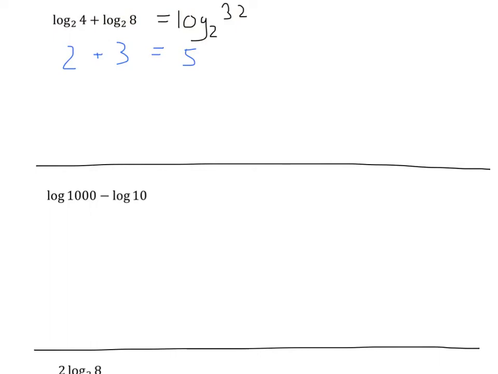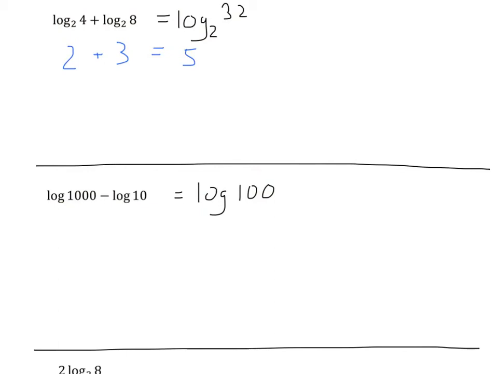Let's look at another one, a subtraction one. If I have log base 10 of 1,000 minus log base 10 of 10, according to the property, this should be equal to log base 10 of 100, because 1,000 divided by 10 is 100. I don't actually subtract. Is that true?